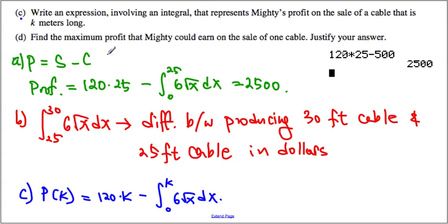Now part D. Find the maximum profit. Maximum implies finding the highest point. In other words, in this case, we can find the first derivative.